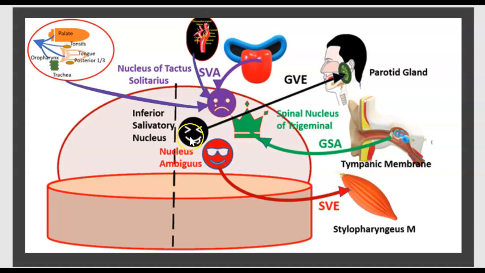The efferents are coming from the inferior salivatory nucleus to the parotid gland, and from the nucleus ambiguus to the stylopharyngeus muscle.